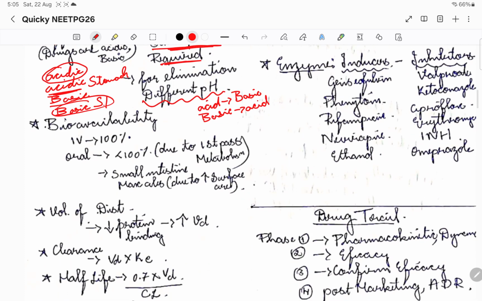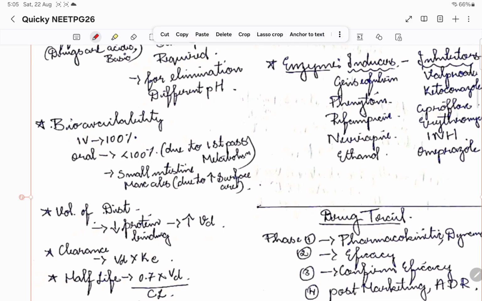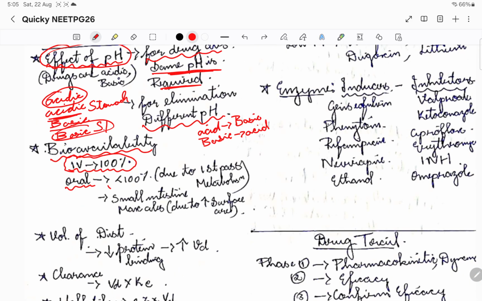Then moving on, let us discuss bioavailability. In IV drugs, 100% of the drug will be available for its mechanism of action, whereas in oral drugs it is going to be less than 100%. This is due to first pass metabolism, which happens in the liver.